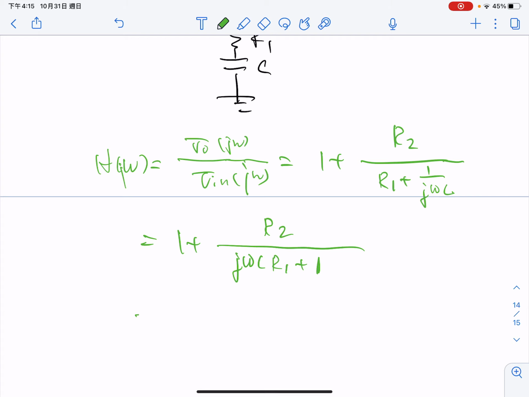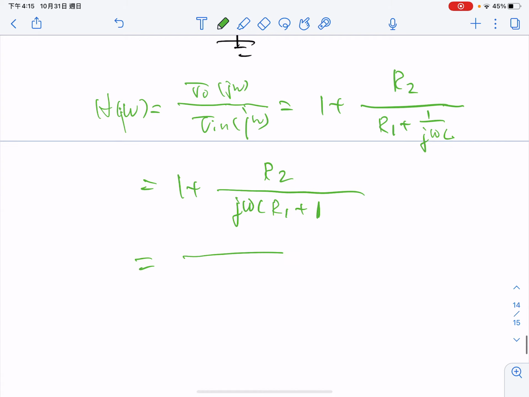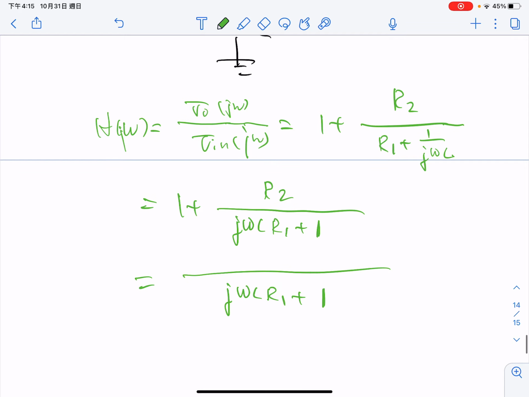Okay. And what about this? This will be equal to j omega C R1 plus 1. And the denominator will be equal to j omega C R1 plus 1 plus R2.